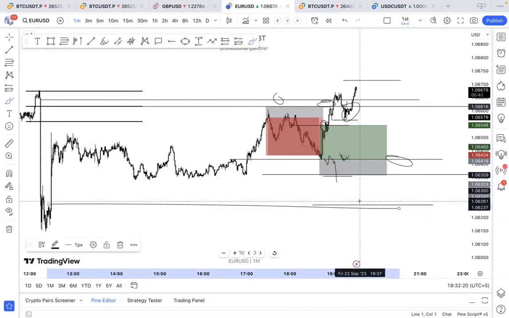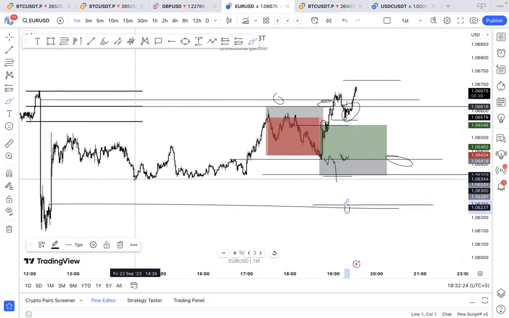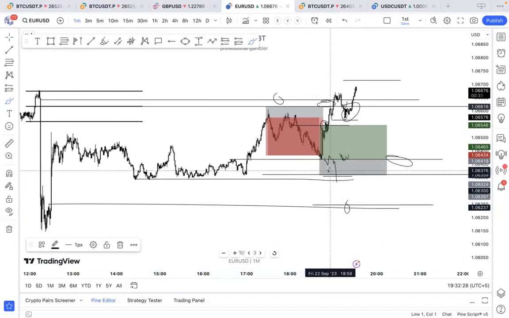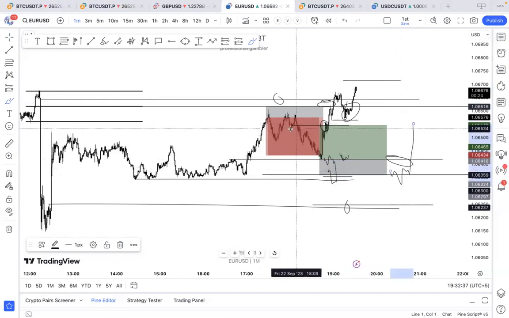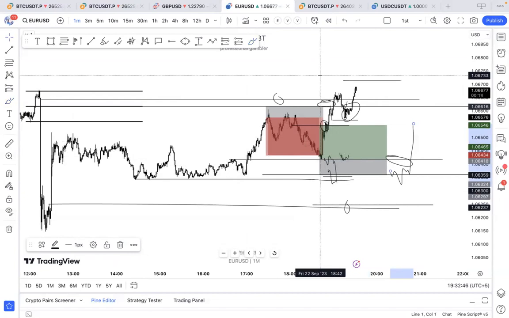And let's just say I was even wrong on that, and I couldn't manage to get into the right position at the right time, and I missed it. I would also get another trade if this low reclaims, and then it would pop up to here. So even if I lose this one, I have two more ideas I can trade right away. That's really what minimizes my loss all the time.